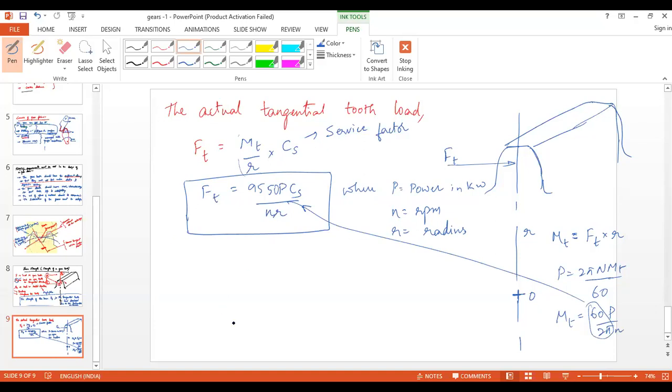So this is the actual tangential tooth load. Any doubt? No, sir.